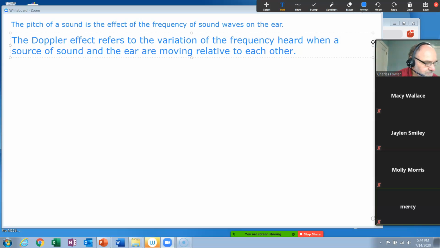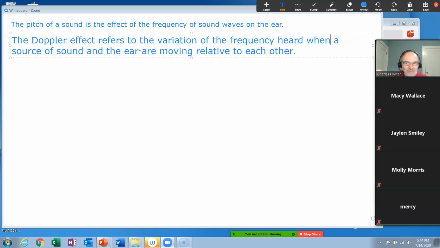Now, notice it's an apparent frequency, it's what's heard. Again, a pitch type thing. Not really, the train is not increasing the frequency of its whistle. That's constant. But it is sounding like it's increasing because of the relative movement between the source of the sound and your ear.